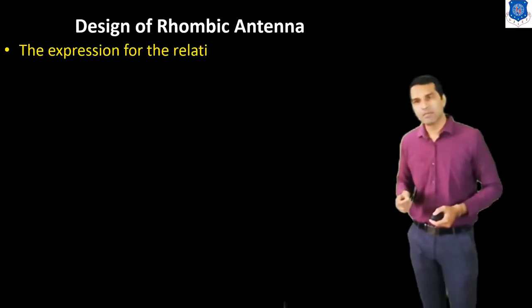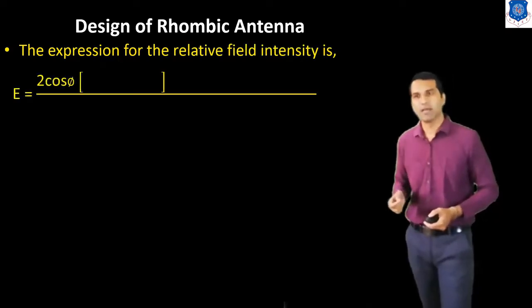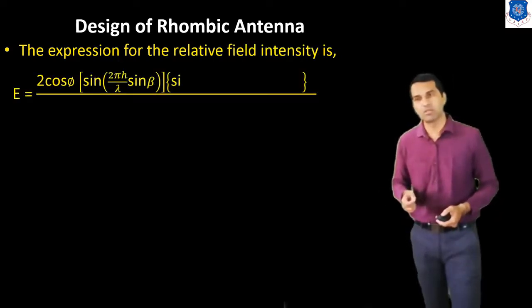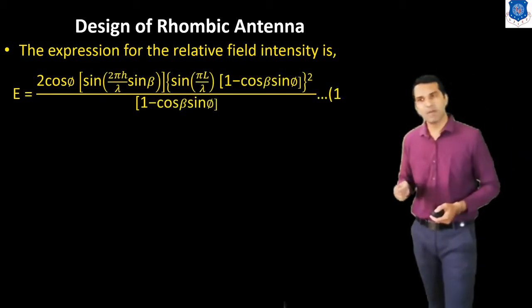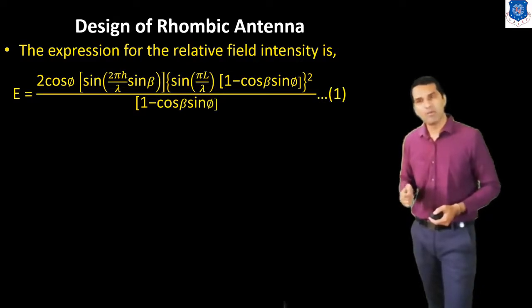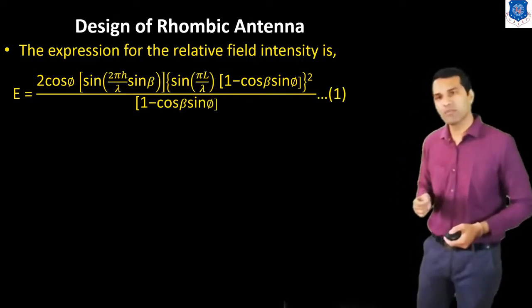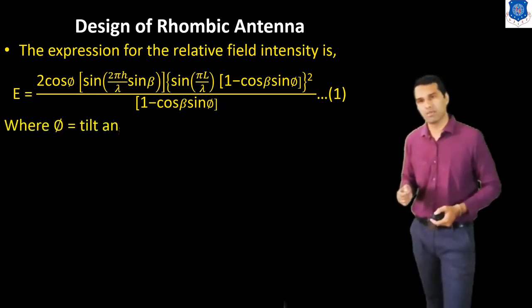The expression for the relative field intensity is E equals 2 cos phi sine(2 pi h by lambda) sine beta sine(pi L by lambda (1 minus cos beta sine phi)) whole square upon 1 minus cos beta sine beta.